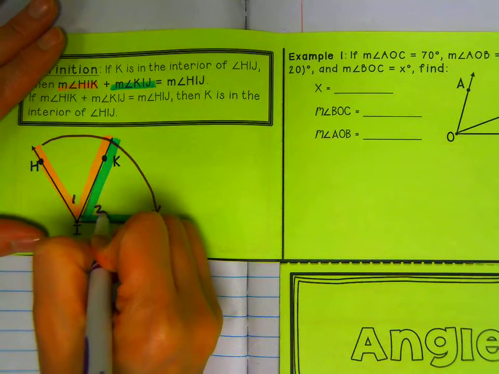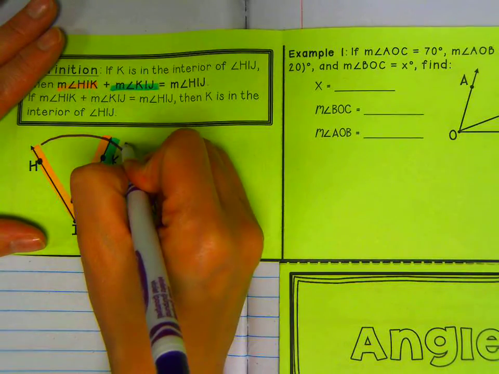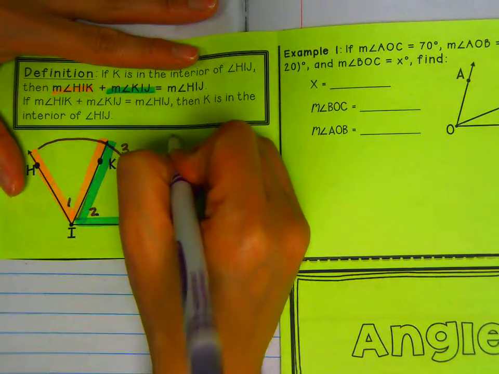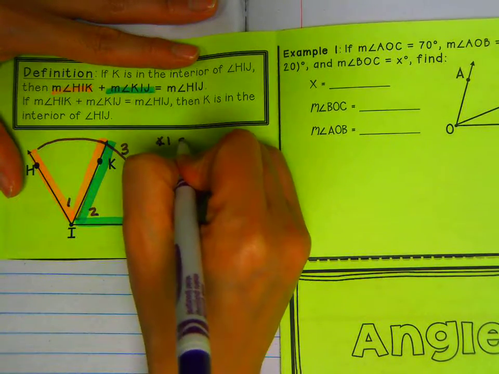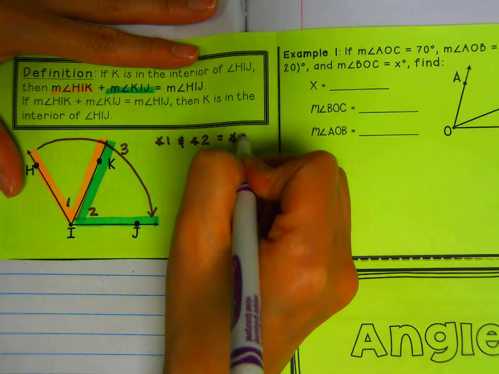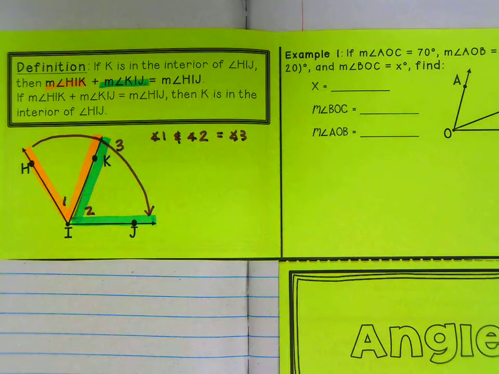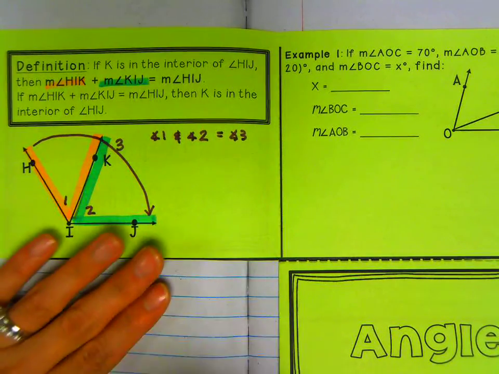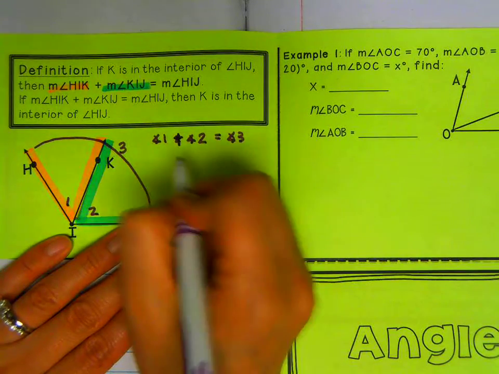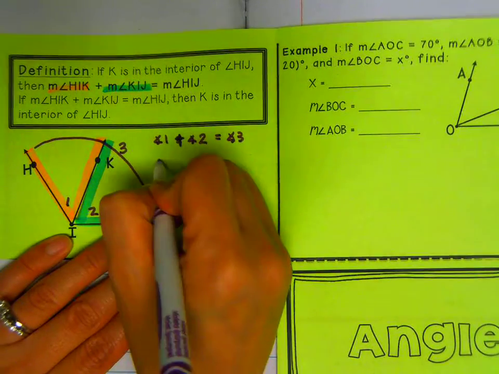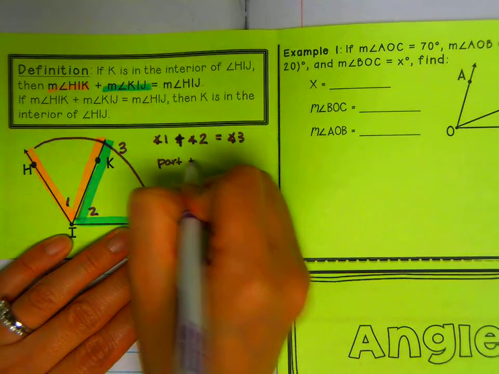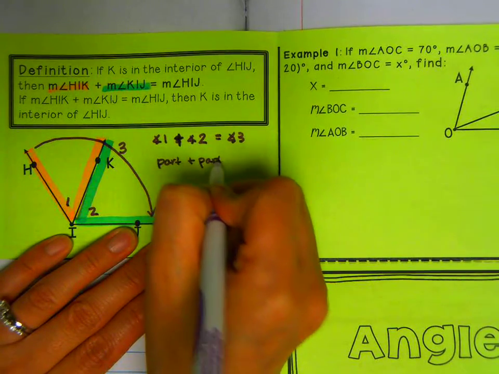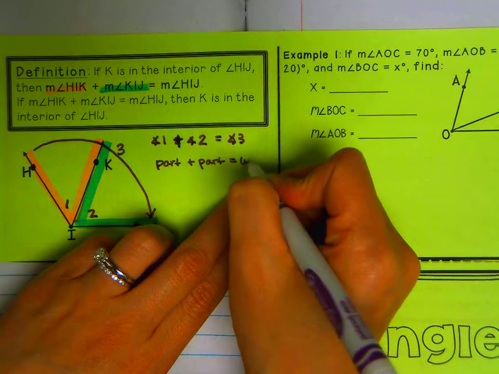If I say this is angle 1, this is angle 2, and the total angle is angle 3, the simple way is angle 1 plus angle 2 is equal to angle 3. That is part of the angle plus part of the angle is equal to the whole angle.